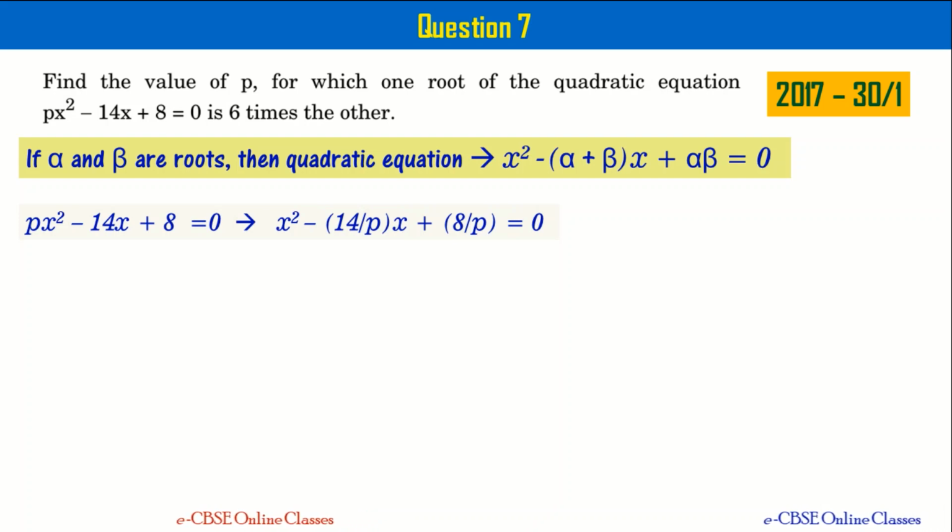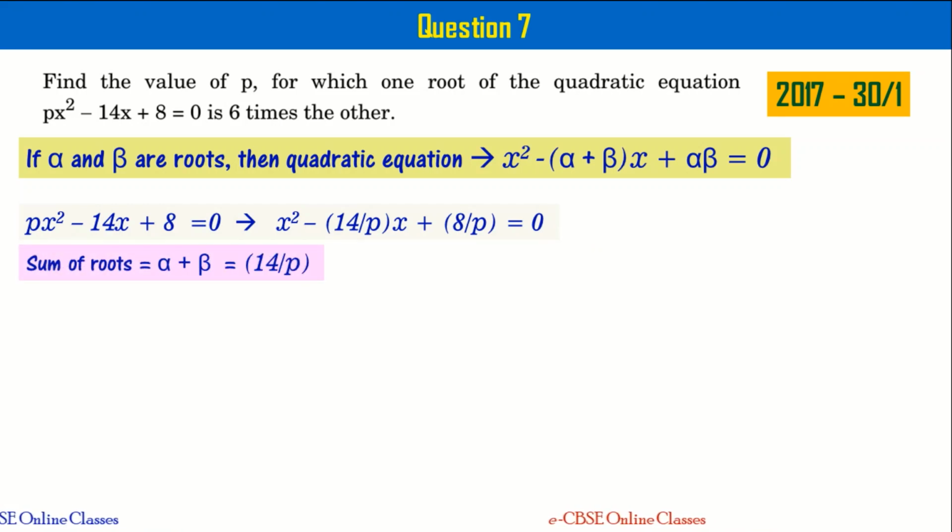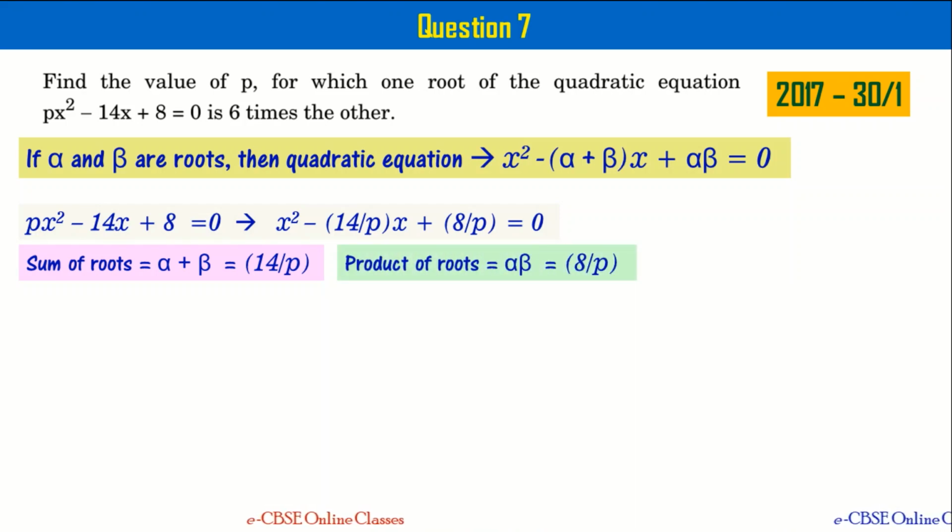The given equation px square minus 14x plus 8 equal to 0 can be written as x square minus 14 by p times x plus 8 by p equal to 0, right? Now let's compare this with the previous equation. You can now say that sum of roots alpha plus beta equal to 14 by p and product of roots alpha beta equal to 8 by p, right?